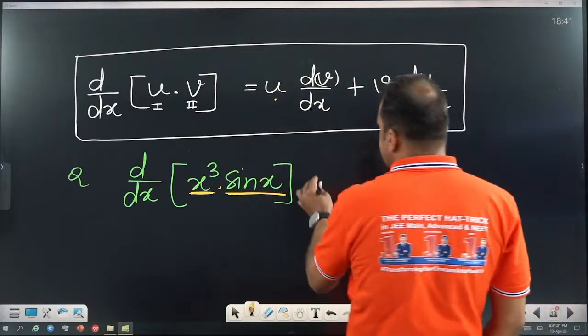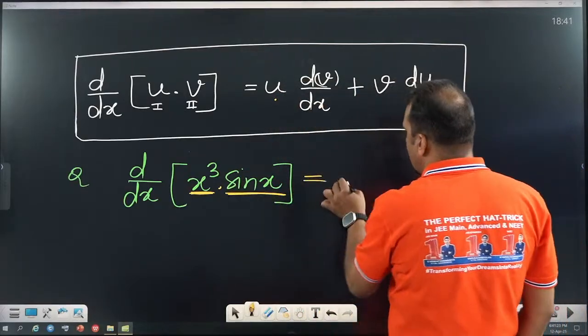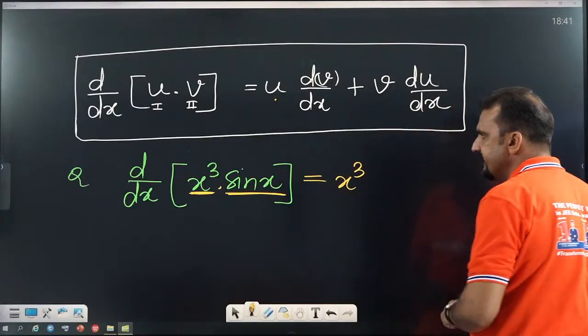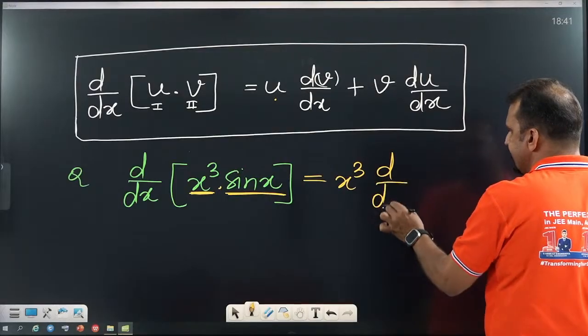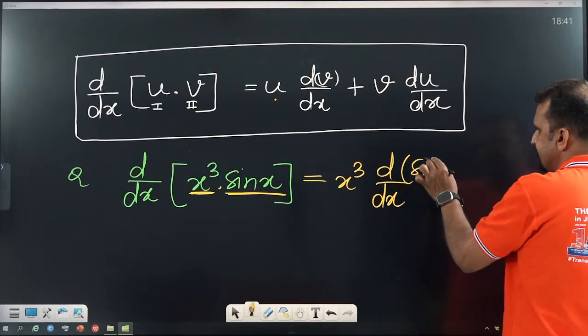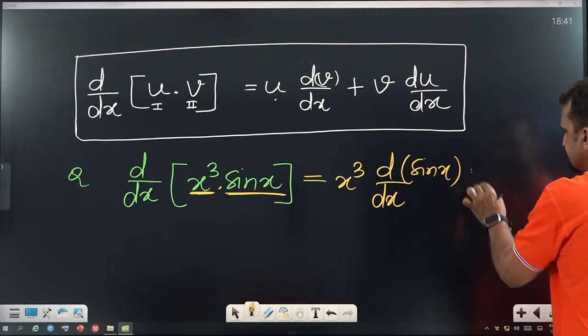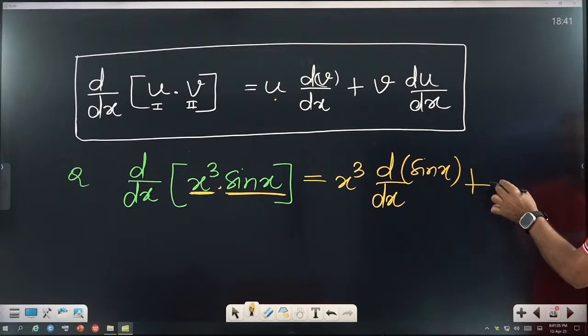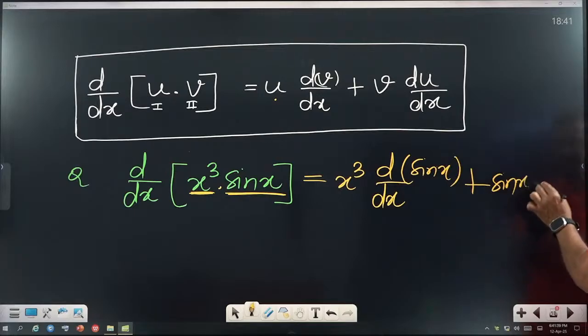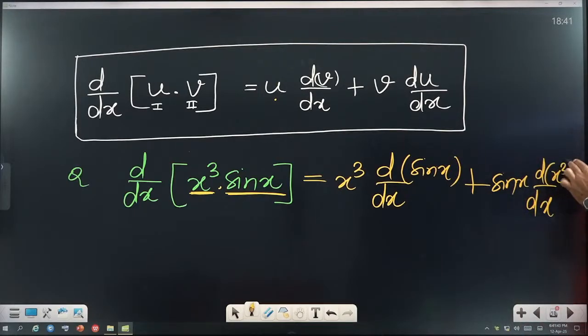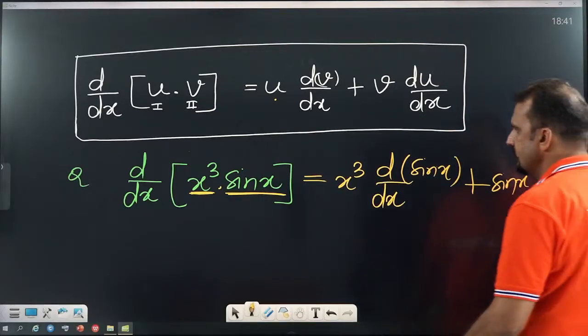In this case, x power 3 is going to be outside, and we differentiate sin x, d over dx of sin x, plus after that take the second function outside, sin x, and differentiate d over dx of x cube. What will the differentiation be?